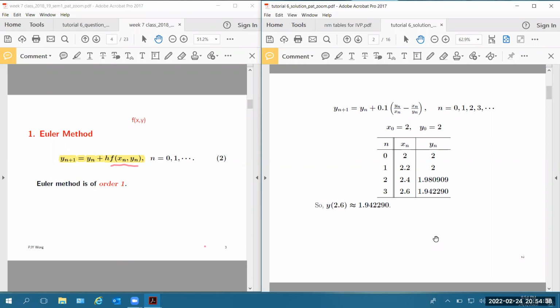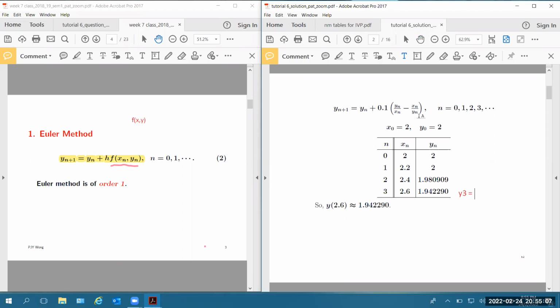Prof, so the value that we substitute inside is just substituted inside this yn plus 1, such that we get a value which is 1.94. Am I right? This is the y3, right? So when n equals 3, that is the value that we're supposed to get. This is y3, but when you are using this formula to get your y3, actually your n is 2, right? Yes.